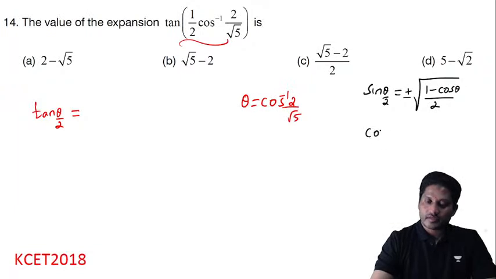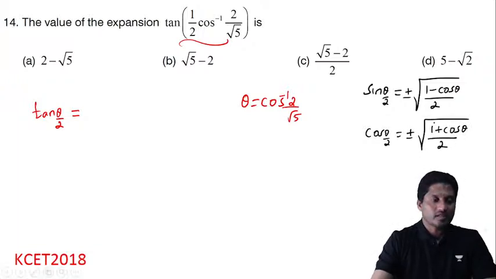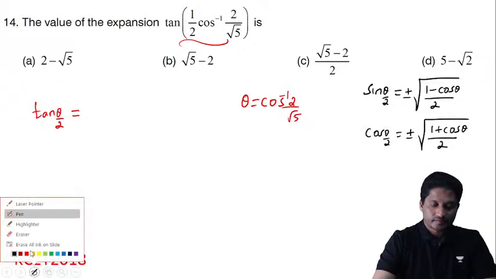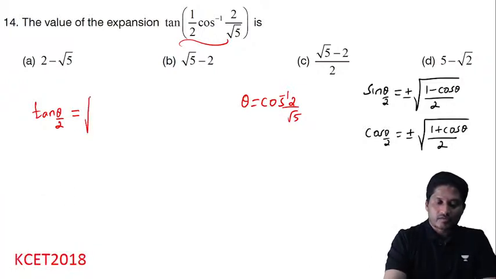Cos theta by 2 is equal to plus minus root of (1 plus cos theta) by 2. Sin by cos is tan. If you divide, you will get root of (1 minus cos theta) upon (1 plus cos theta).